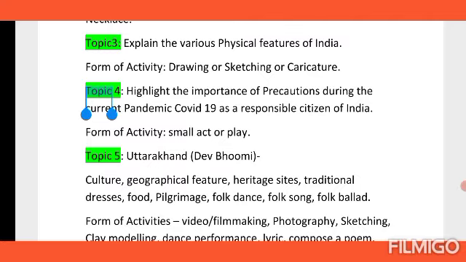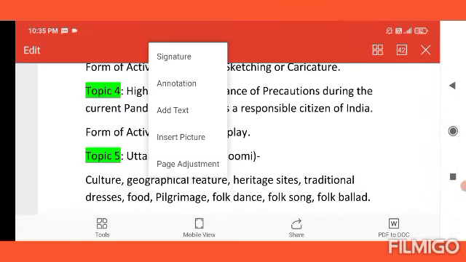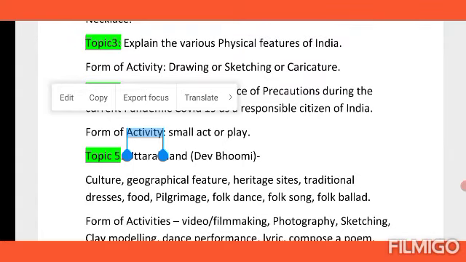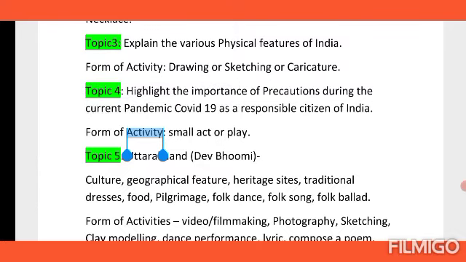You have to do this activity in the form of a small act or play of 1 or 2 minutes. Within this you have to show what important instructions and guidelines a responsible citizen has to follow during the COVID-19 pandemic.